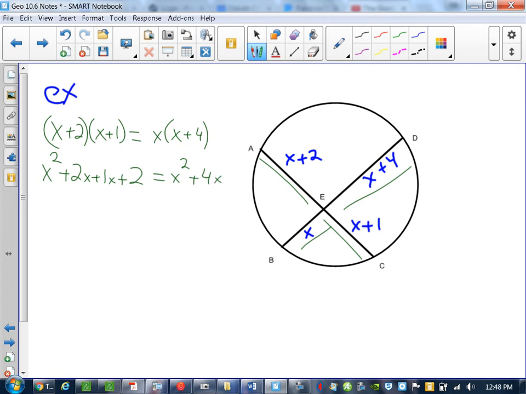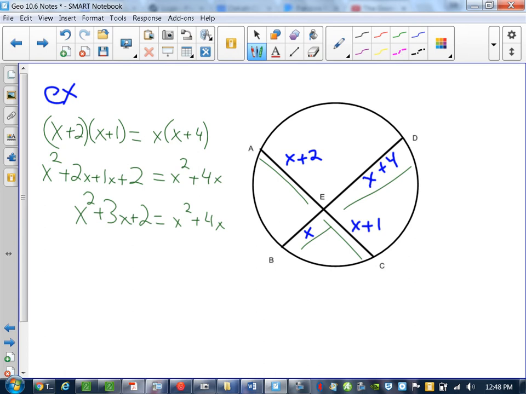Everybody okay with me so far? All right, quick distributive property. So combine all your like terms on the one side. So you have 2x and 1x gives you how much? 3x. So you just rewrite one more time. x squared plus 3x plus 2 is x squared plus 4x. What happens with the x squareds?